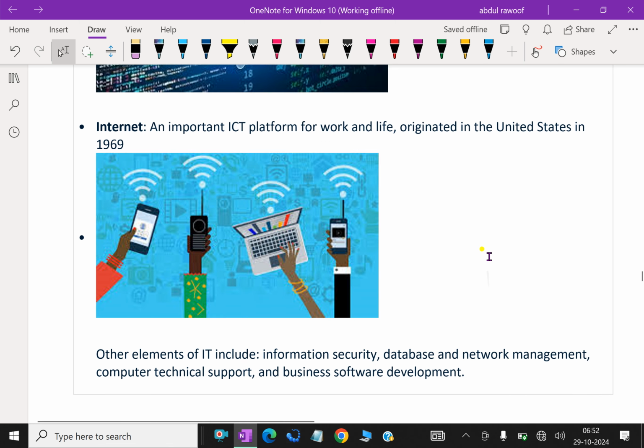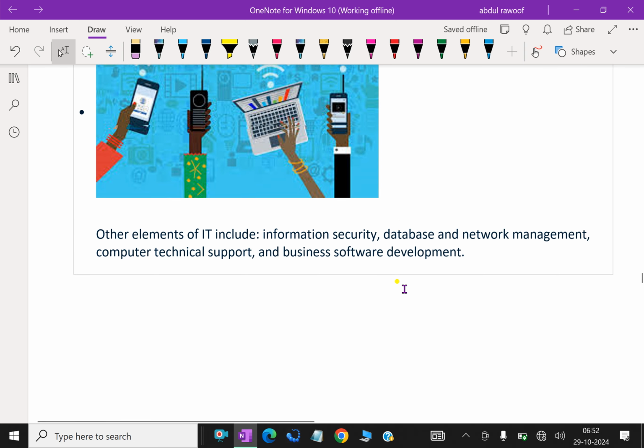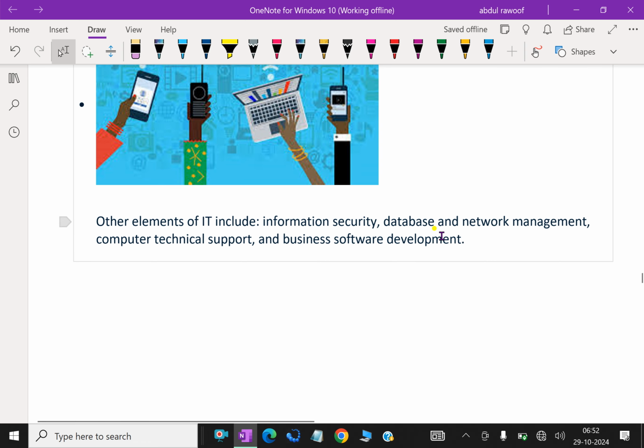Internet, an important ICT platform for work and life, originated in the United States in 1969. From that, the internet started. Other elements of IT include information security, database and network management, computer technical support, and business software development.